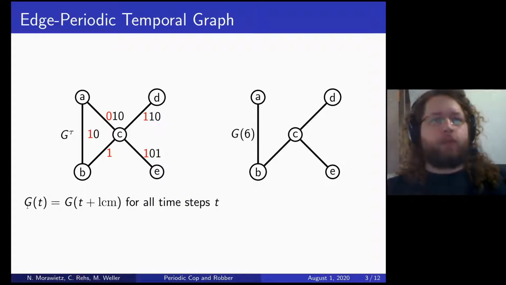So we can see that G of t is equal to G of t plus LCM for all time steps t, where LCM is the least common multiple of the lengths of all input sequences. So not only the edge sequences are periodic, but also the sequence of graphs is periodic.